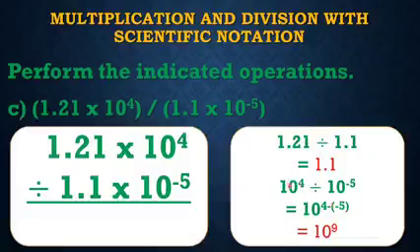That means 10 raised to 4 divided by 10 raised to negative 5 is 10 raised to 9. Thus, the quotient of 1.21 times 10 raised to 4 divided by 1.1 times 10 raised to negative 5 is 1.1 times 10 raised to 9. And this is the final quotient.